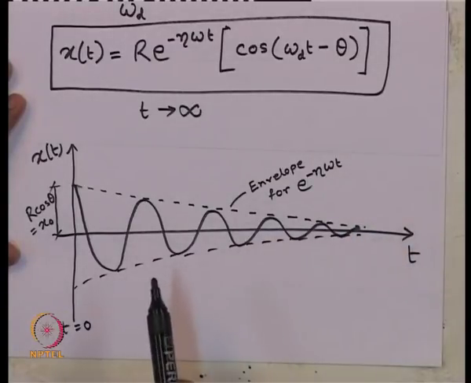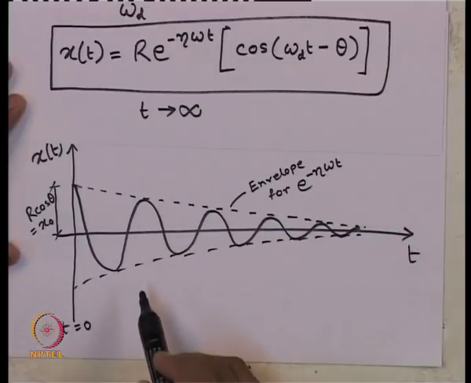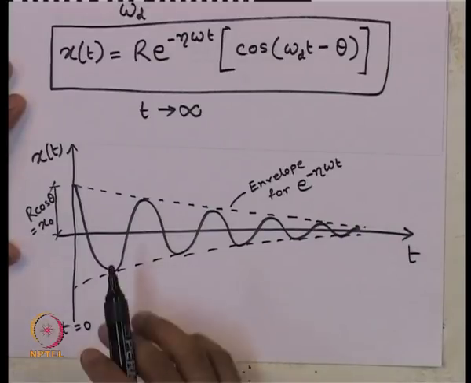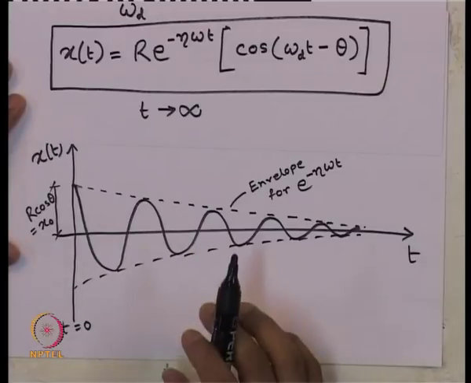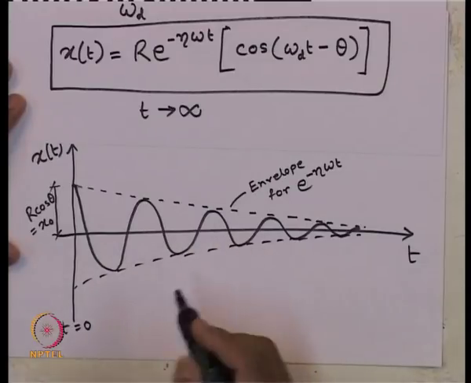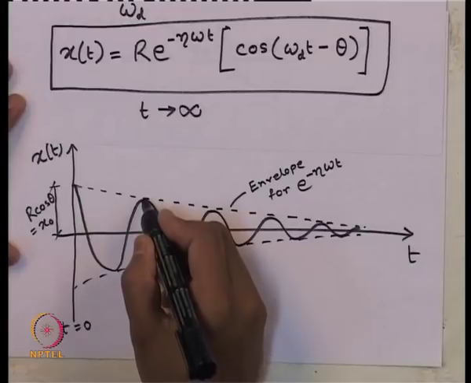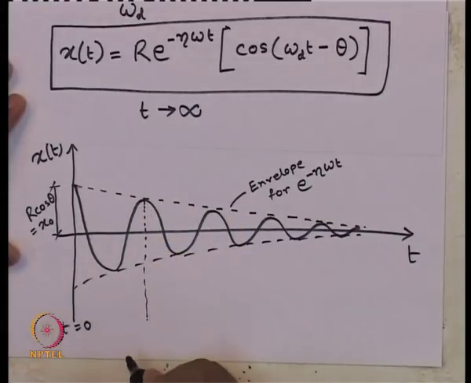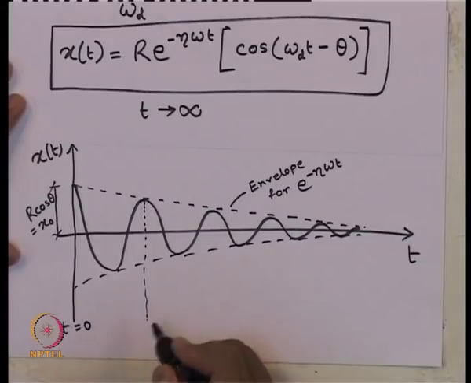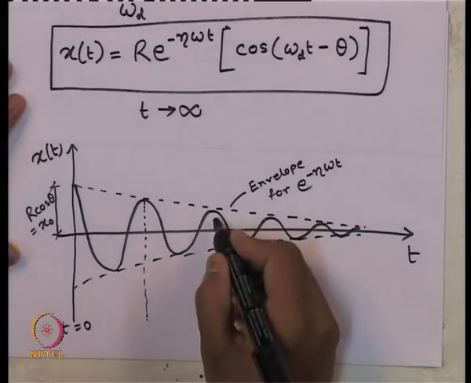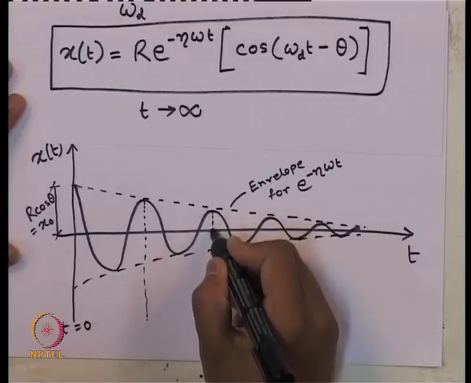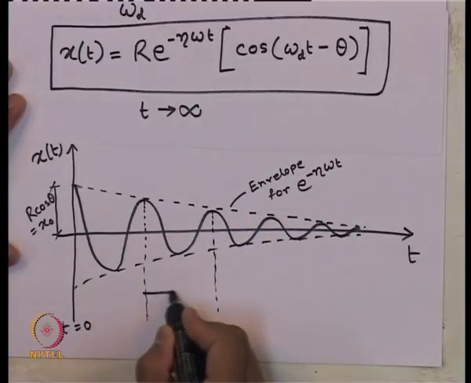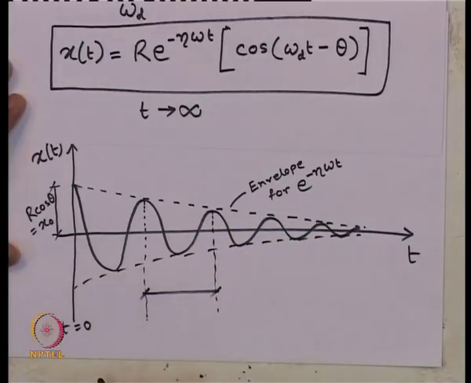Okay. So this is the variation for underdamped free vibration, and from this point to this point, what is this called?